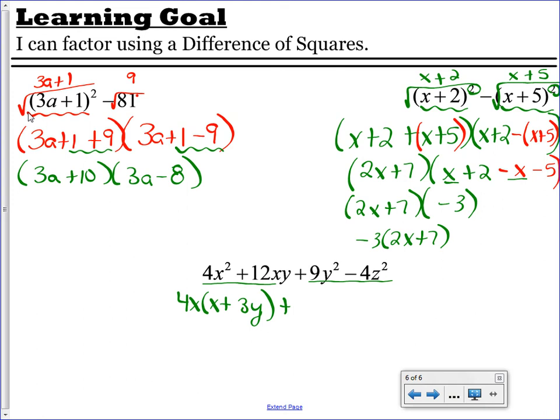It's okay. I can still take the square root of this. I can still take the square root of that because that's a difference of squares. So I would have here plus 3y minus 2z, 3y plus 2z.